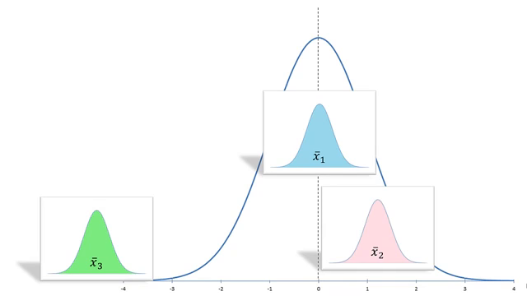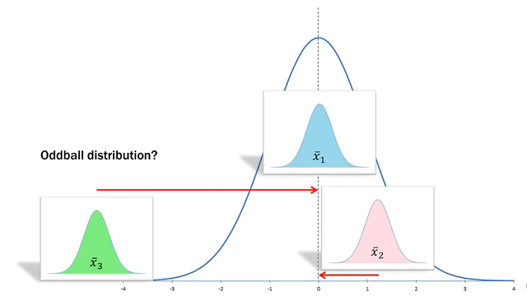It's too far away from the mean of the larger group to be considered as part of that larger population. It's kind of the oddball. So x bar sub 2 is about this distance, you can see the red arrow, but x bar sub 3 is way over to the left. So is this the oddball distribution, the weird one, the one that doesn't belong in the same population as the other two?